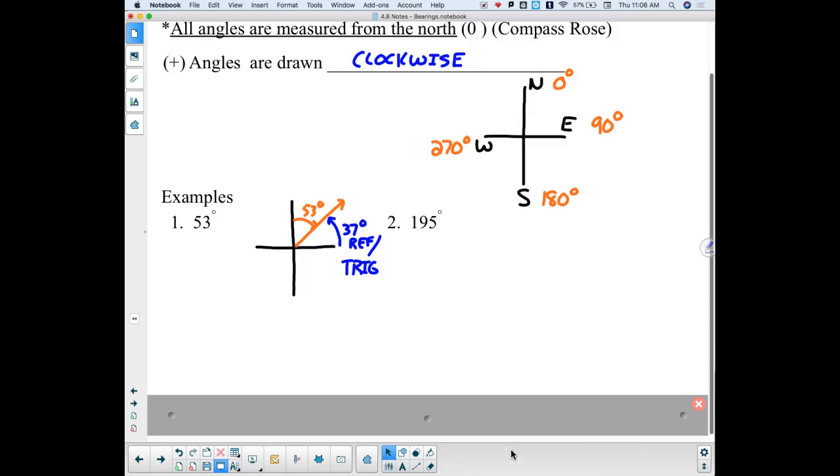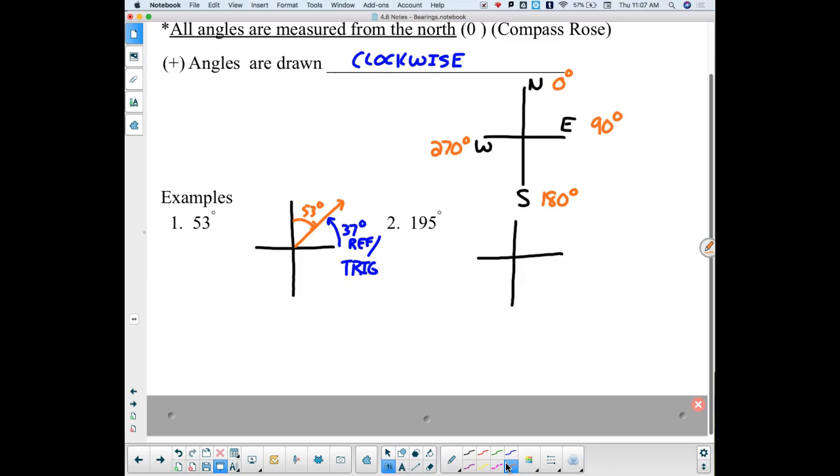195 degrees in terms of navigation is down here.